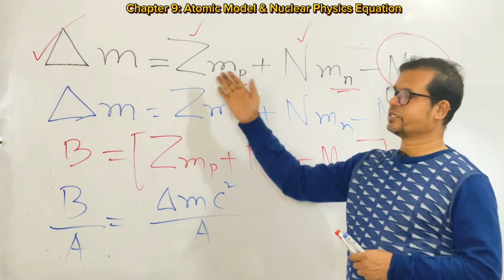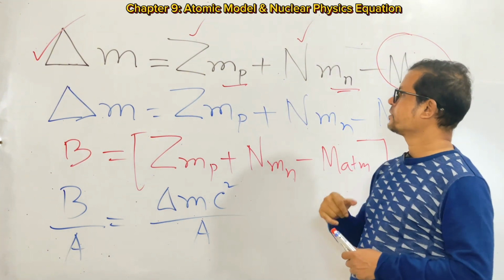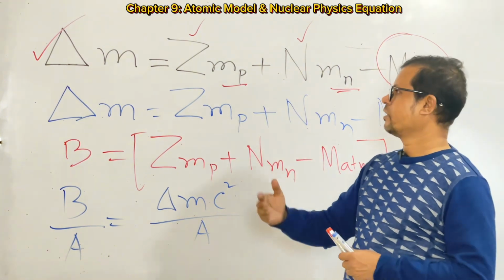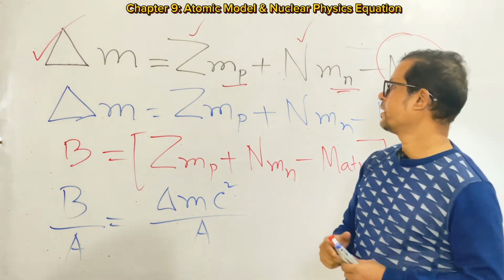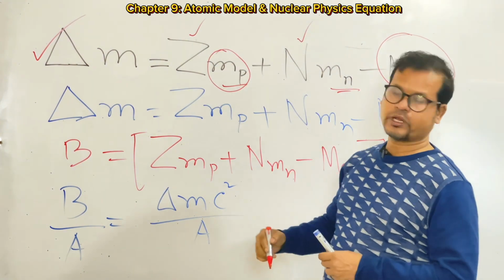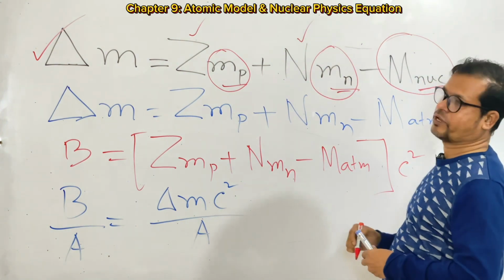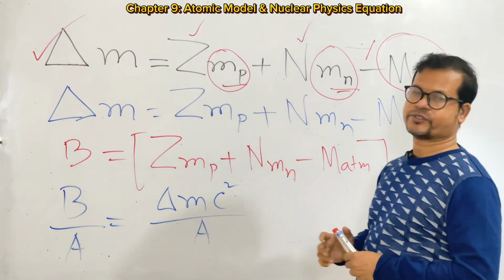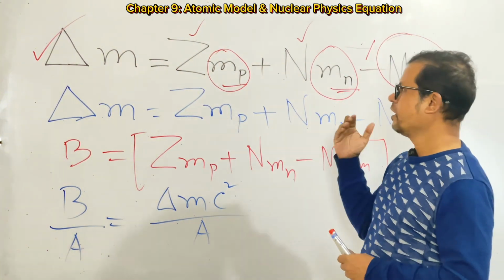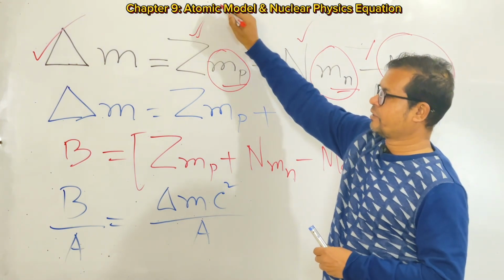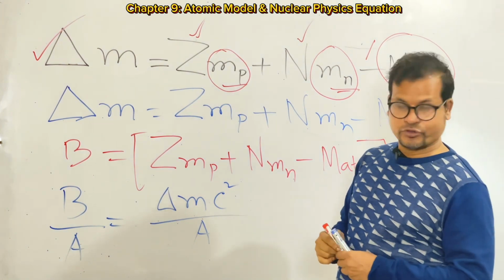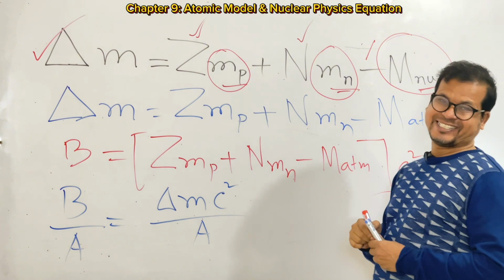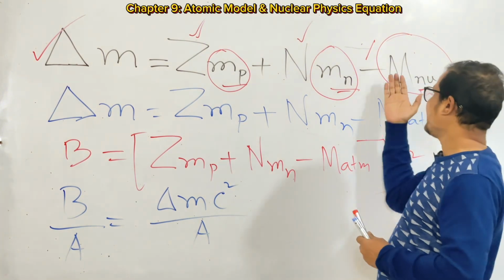Z is the number of protons and N is the number of neutrons, Mp is the mass of proton, Mn is the mass of neutron, and M is the mass of nucleus. That means the mass defect delta M equals Z, the proton number, times Mp, the mass of proton, plus N, the neutron number, times Mn, the neutron mass, minus the nucleus mass.